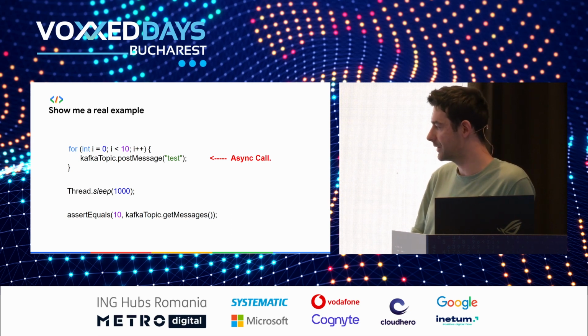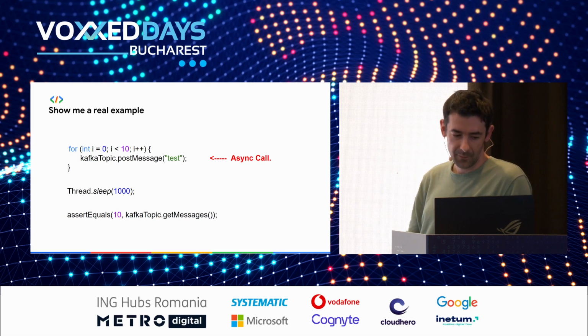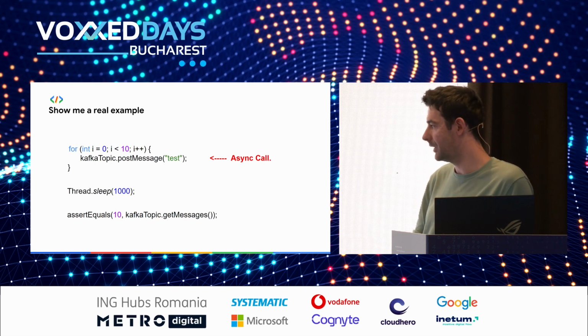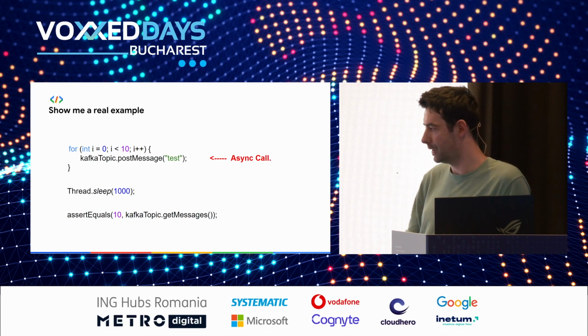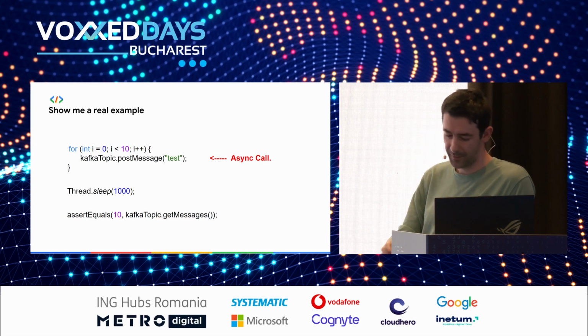And then when you do the assert, the assert will fail because you have just 5 messages instead of 10. And quite possibly you're going to run this test again and it will pass, for instance. And then you run it in Jenkins, for instance, and it fails again for some reason. So that's the most common way tests become flaky.